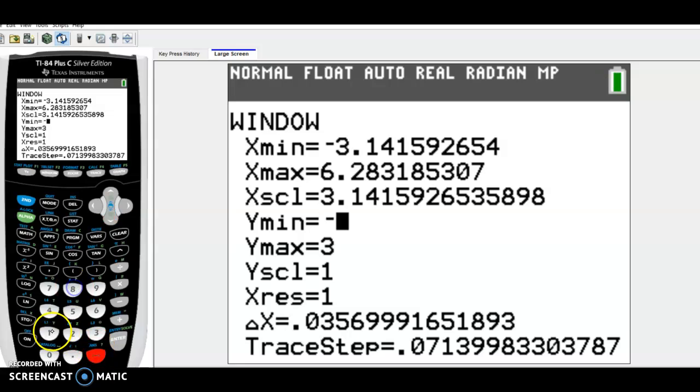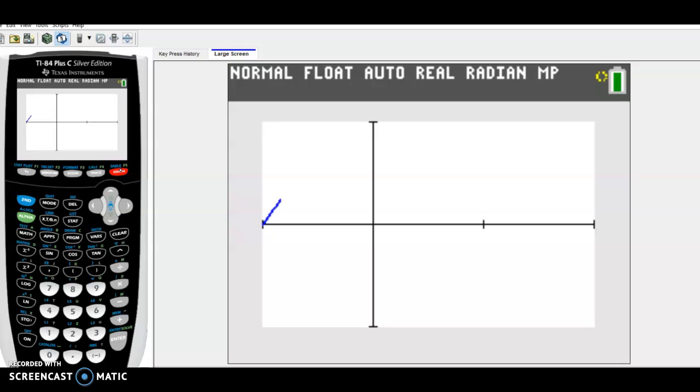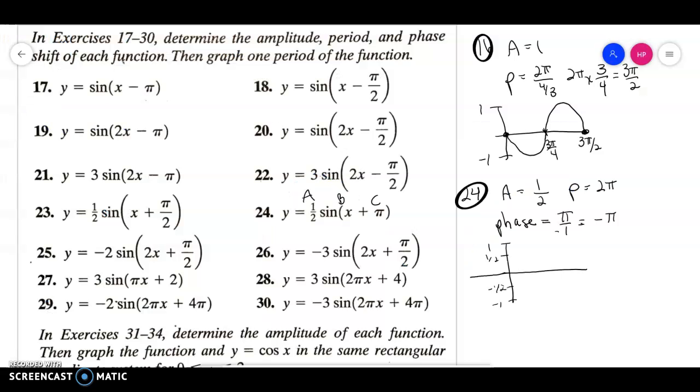That's fine. I don't need to be all the way at -3 and 3 anymore. And so you can see instead of starting at the origin, it started left at pi. So it actually finishes at positive pi, and then it's another half period to get to the 2 pi.